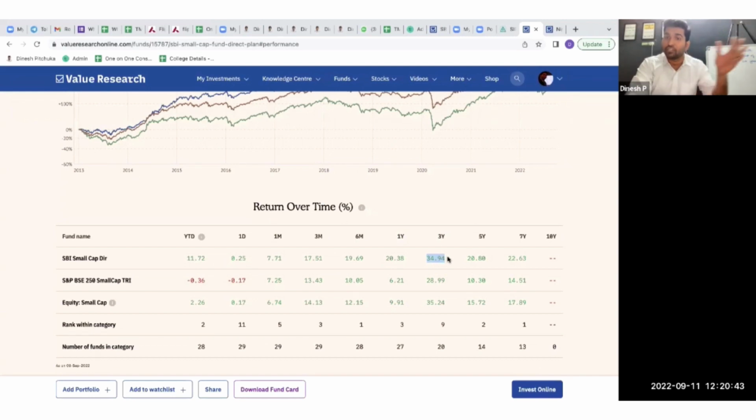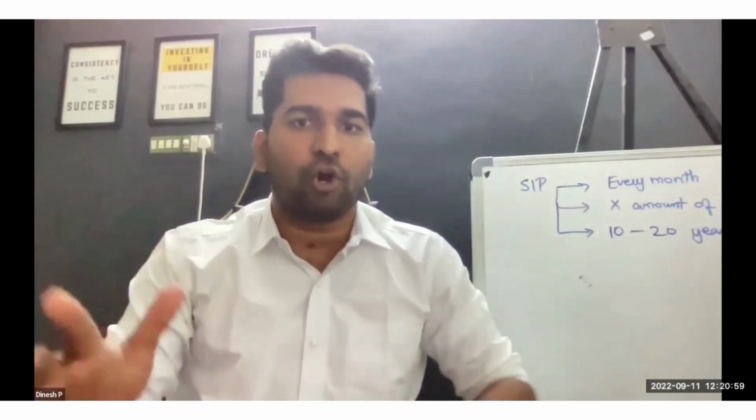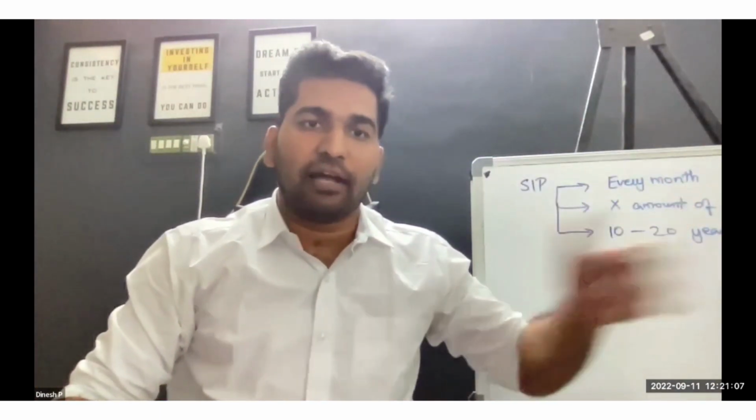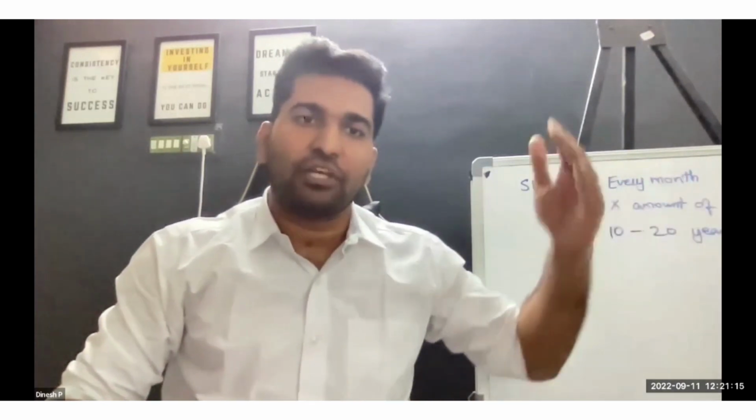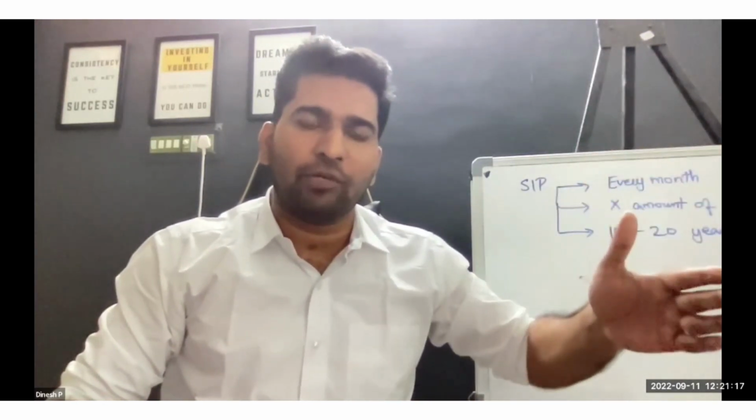For 3 years, we got 34.94. It's a CAGR. On average, every year it has given 34.94. Okay, guys, understand this. CAGR means compounded annual growth rate. If I say this person's salary is growing at a 15% CAGR, it means that over the last 3 or 5 years, this person's salary has grown at 15%. Some year it will have been 20%, sometimes 12%, sometimes 16%, 14%, like that.